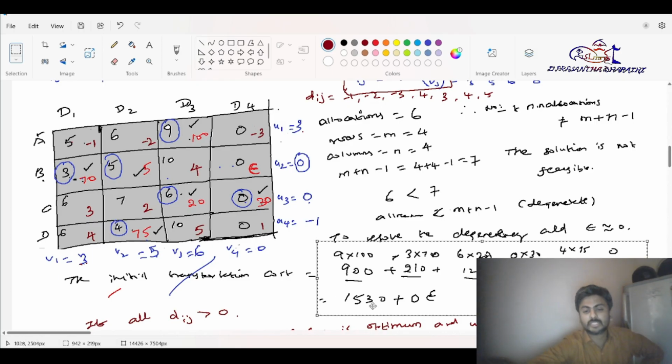The cost here is 1530 plus 0 epsilon, and this cost will vary. Why will it vary? Since it is not optimum, you have to make it optimum. So before that, when do we find the cost? When the number of allocations equals m plus n minus 1.